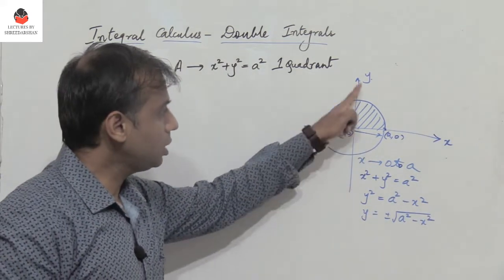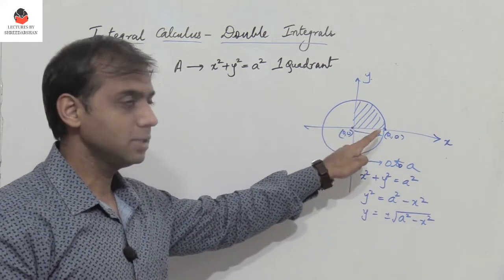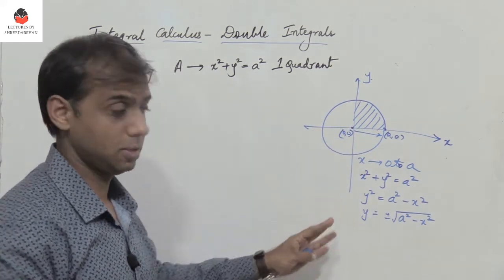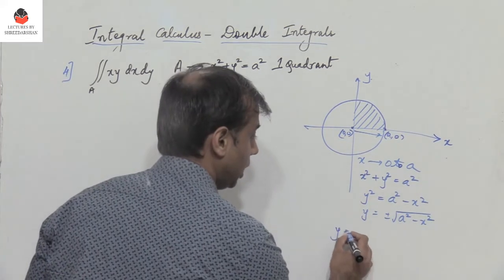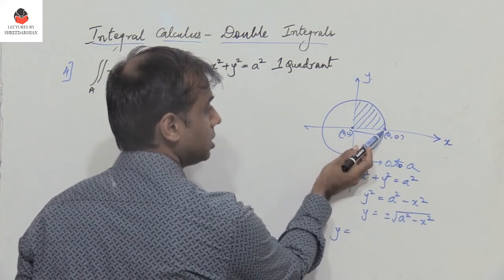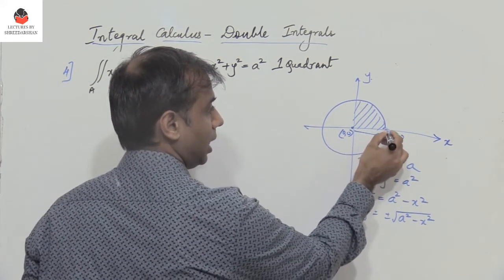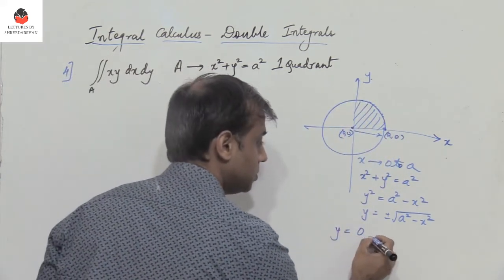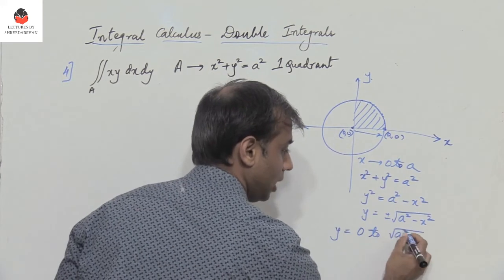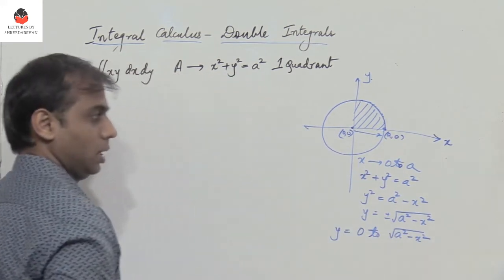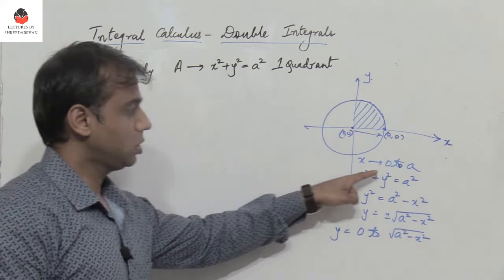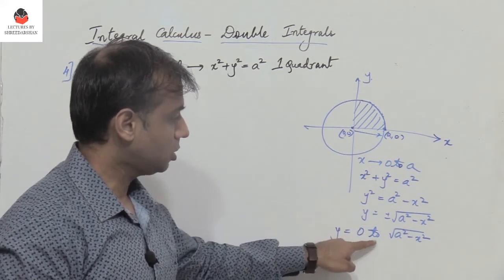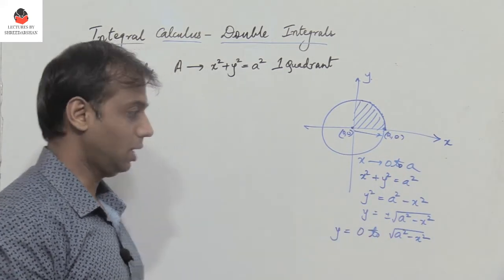Now, since we need to find the area only in the first quadrant, the value of y is positive. So therefore, y varies from, so at this point y is 0 here, and I move along the circumference of the circle. So y varies from 0 to root of a square minus x square. So x varies from 0 to a, whereas y varies from 0 to root of a square minus x square.